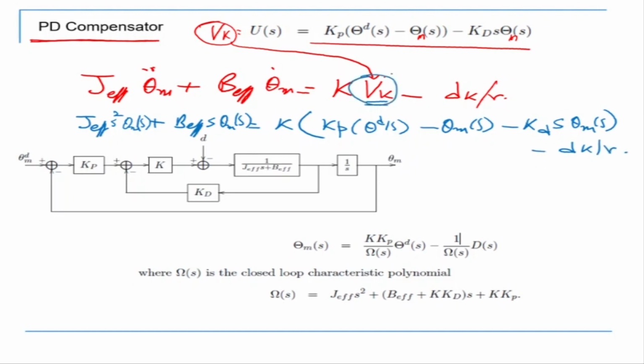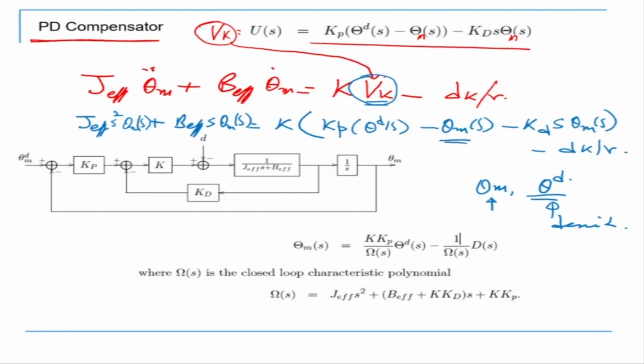I put my controller here. So when we say design a controller, you actually make the controller and put it in here. Now we have theta m s and theta d s. Theta d is desired; this is my desired position I want to go to. Theta m s is the present motor position. Now I bring all the theta m s terms to one side.